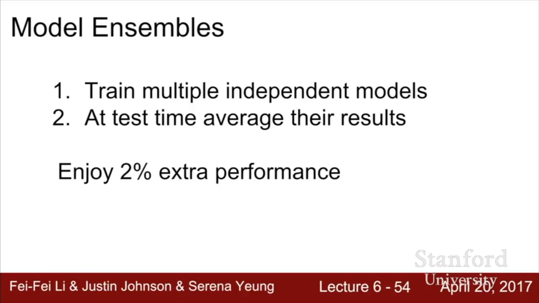Adding these multiple models together tends to reduce overfitting a little bit and improve performance, typically by a couple percent. This is generally not a drastic improvement, but it is a consistent improvement. And in competitions like ImageNet, using model ensembles is very common to get maximal performance.